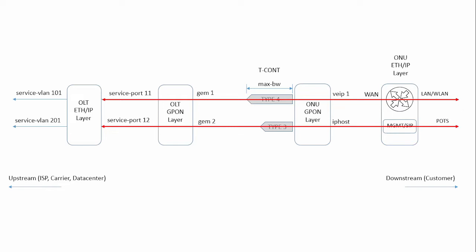Each GEM port is mapped to a service port, and each service port is mapped to a service VLAN that routes traffic to one of the Ethernet interfaces associated with that VLAN. In the downstream direction, service follows the same path, but without using T-CONT. To limit downstream bandwidth, another mechanism is used that configures bandwidth control directly on GEM, and it's applied on the ONU only.